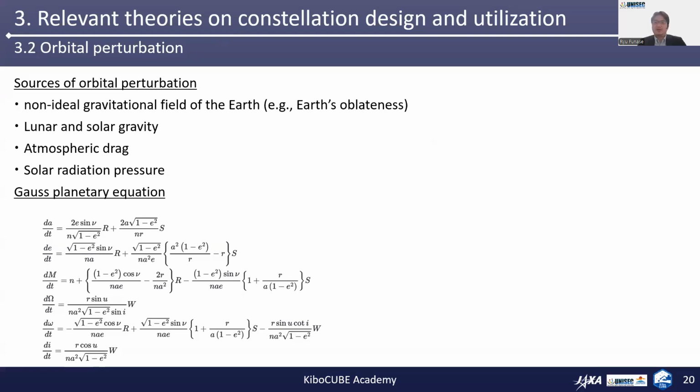The equation shows the time rate of change of each orbital element when there are three acceleration components: T, perpendicular to the orbital plane, R, acceleration from the Earth to the satellite, and S, in the direction of the satellite's velocity in the orbital plane, which forms a right-hand system with T and R. Using this equation, we can predict the long-term orbit change based on the perturbation force received. Please refer to another lecture for the details of orbital elements.